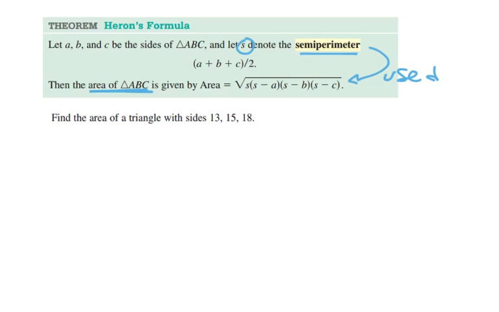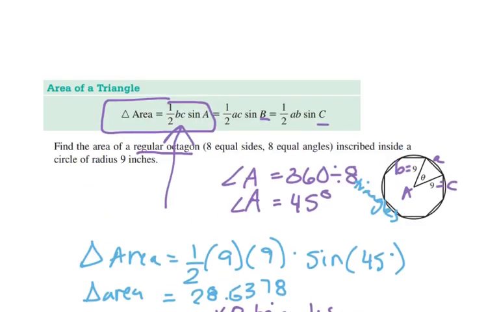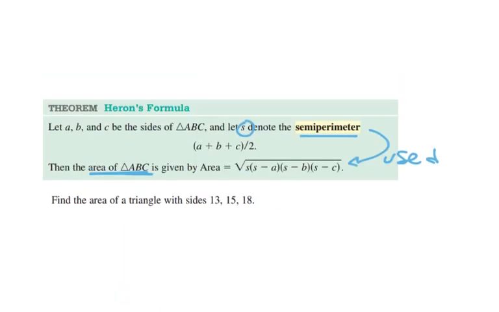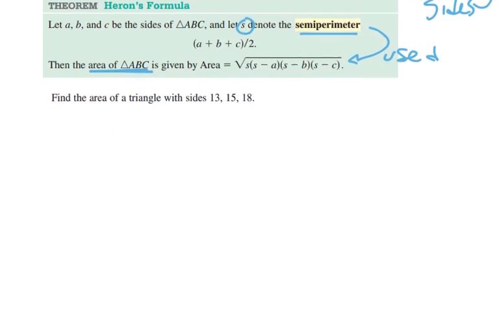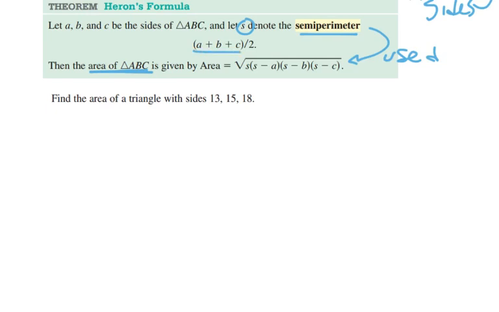So it kind of just depends on if your triangle needs to find its area and has an angle, and then this one that has only sides. In that case, we need to find the value of s by taking all of the sides and dividing by 2. And then we need to find the area by using this formula with the square root.